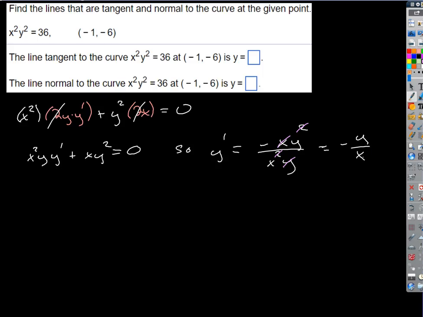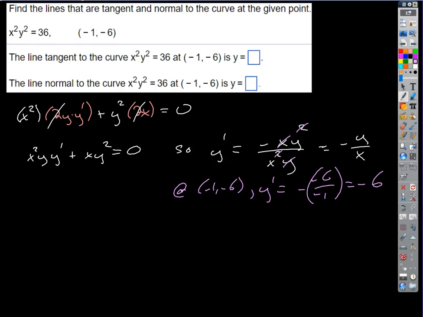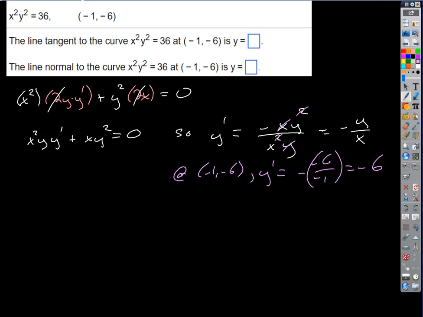So now, I just want a slope, right? So at this point, at -1, -6, y prime is what? We're going to get negative 6 over -1, so I get -6 as my slope, right? So then the equation of the tangent line, I would get by using the point and the slope.